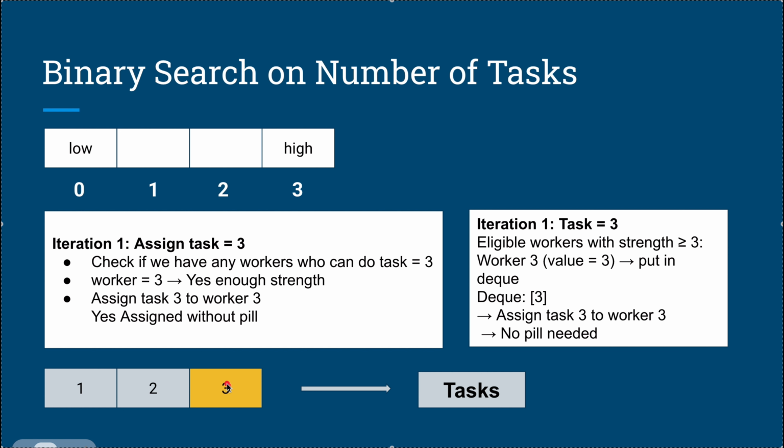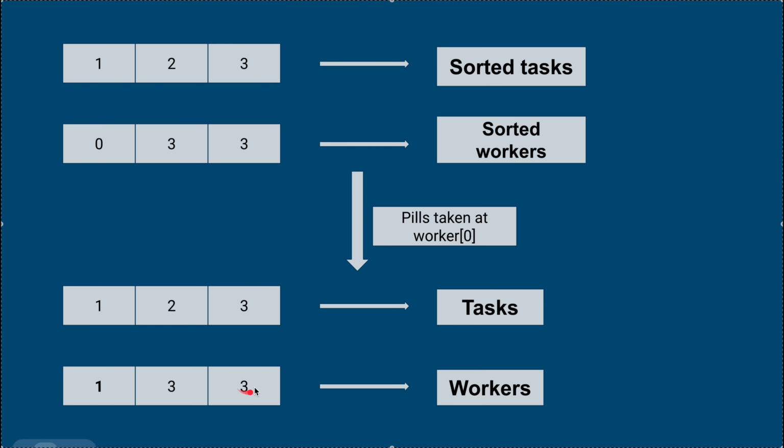So for task 3, we check if we have any worker who can do it, and yes, worker 3 can finish this work. He has enough strength to finish the work, as you can see in this part.